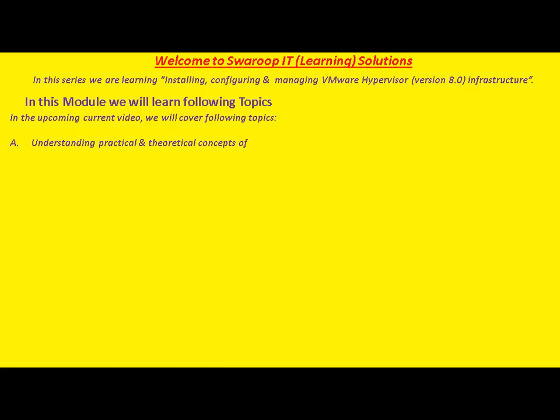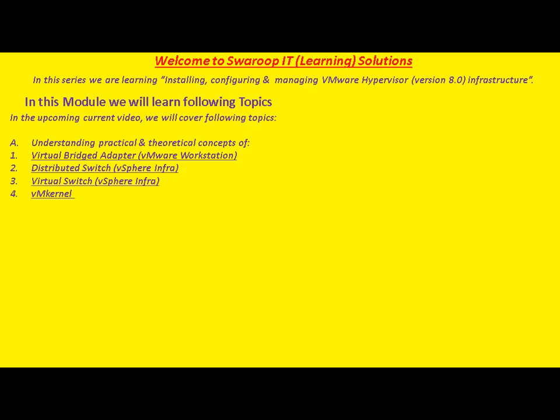Understanding the practical and theoretical concepts of virtual bridge adapter, which is one of the components of VMware Workstation. Second component is distributed switch, which is a component of vSphere Infra. Third is virtual switch, again a component of vSphere Infra.